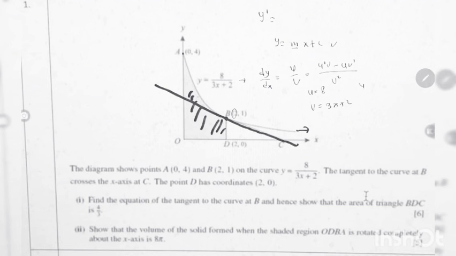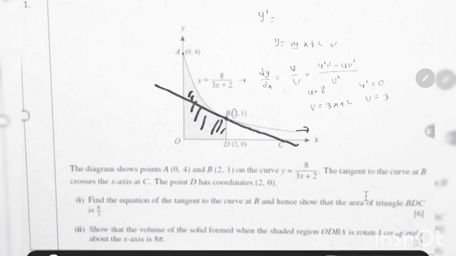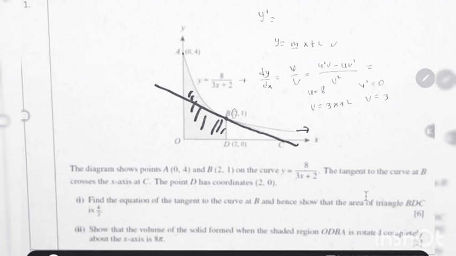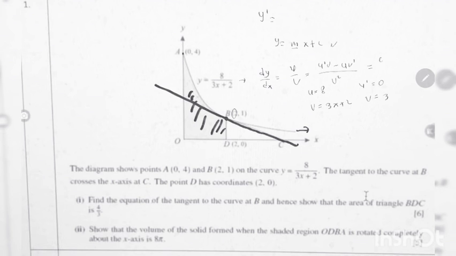Then u prime, the first derivative of u, is 0, and the first derivative of v is 3. Then you put it here to find dy dx, right? So u prime v means 0 times 3x plus 2.